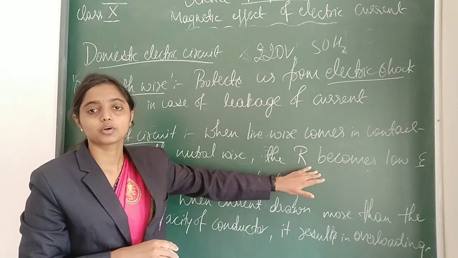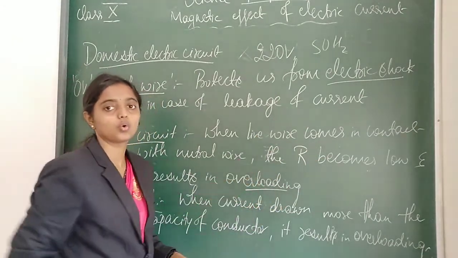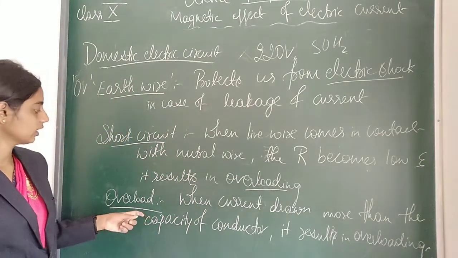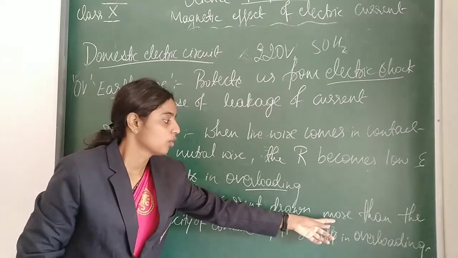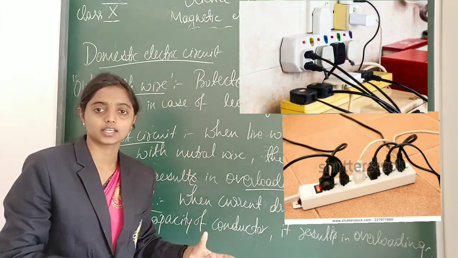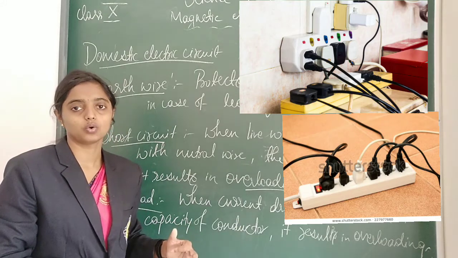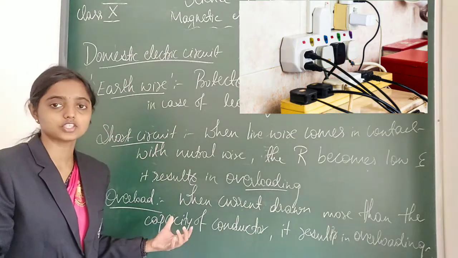When the resistance becomes low, we know that the current increases, and that leads to overloading, right? And what is overload? We know that when the current drawn is more than the capacity of a current carrying conductor, it leads to overload. We already explained the causes of overload in the electricity chapter.